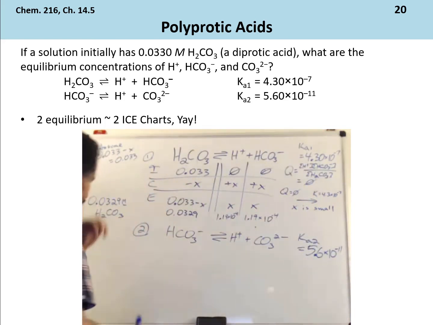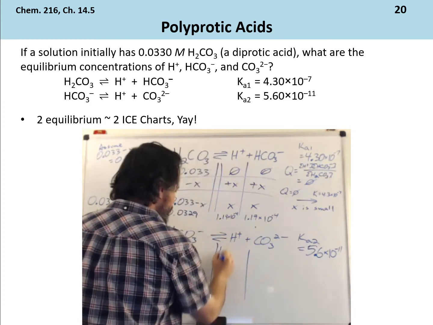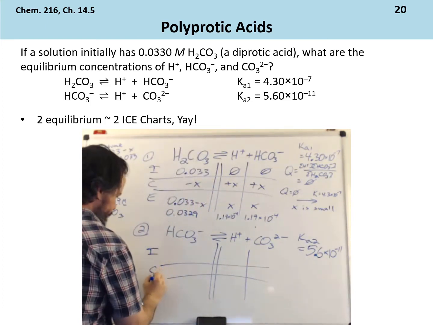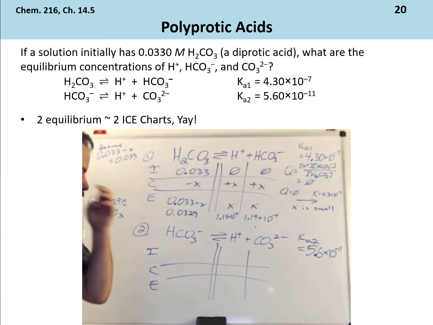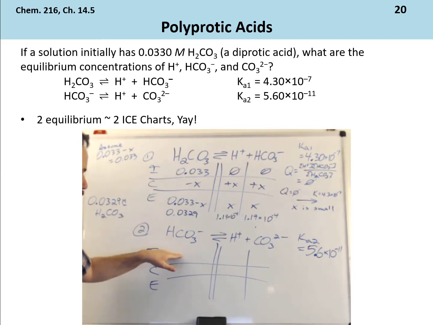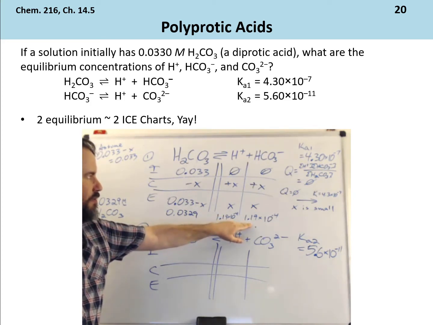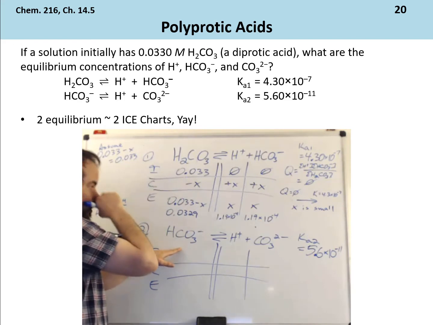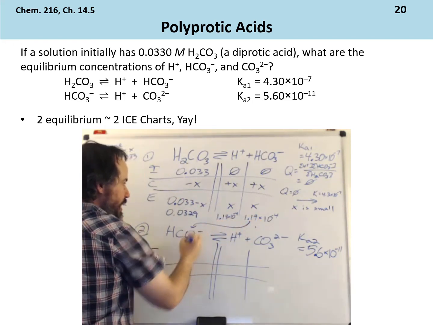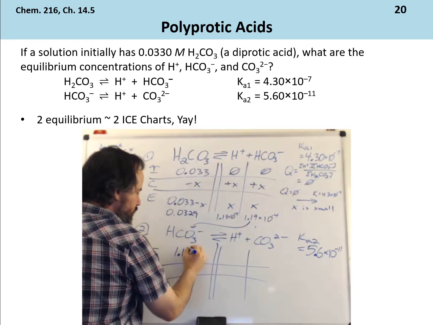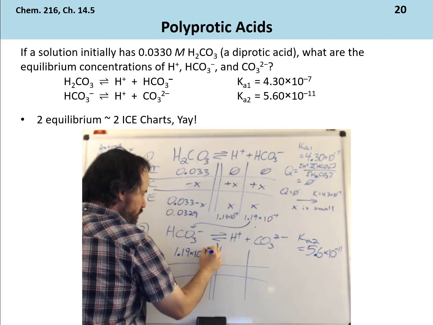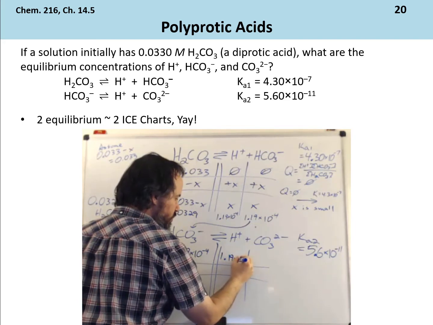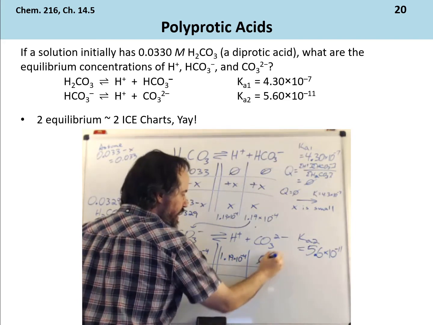All right, and so I have to do another ICE table. But what do I start with? This is my HCO3-. Not this value, right? Because this is H2CO3. So that's where I start. And notice my H+ is also, I don't have any of this.